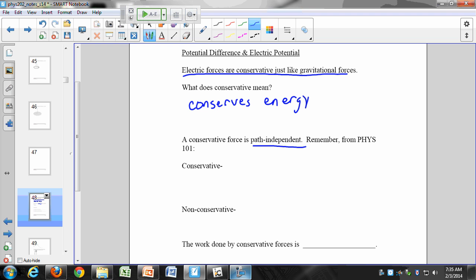Now, let's see. A force that conserves energy is a conservative force.